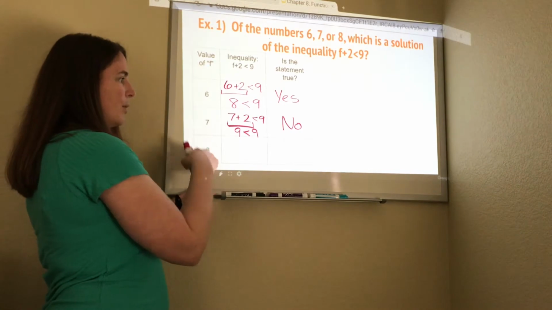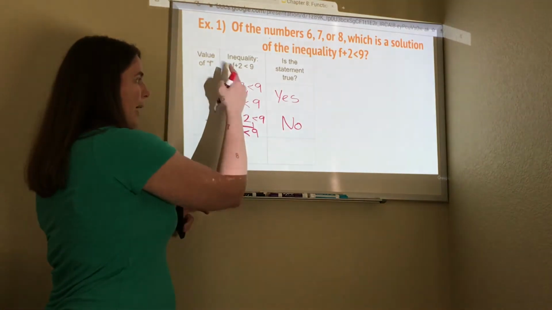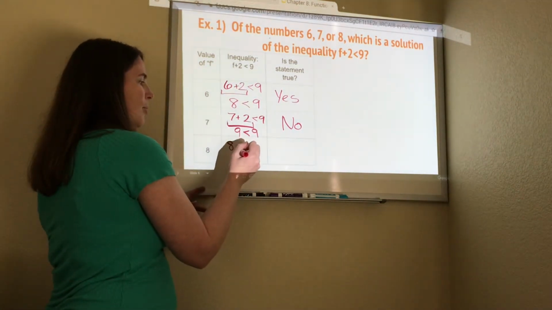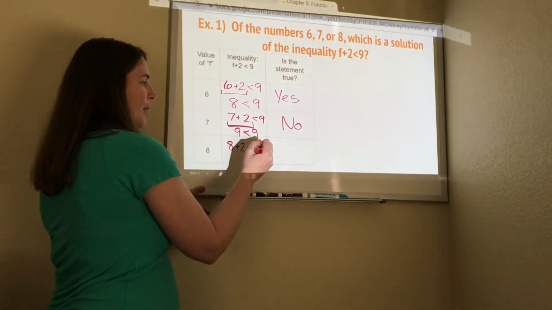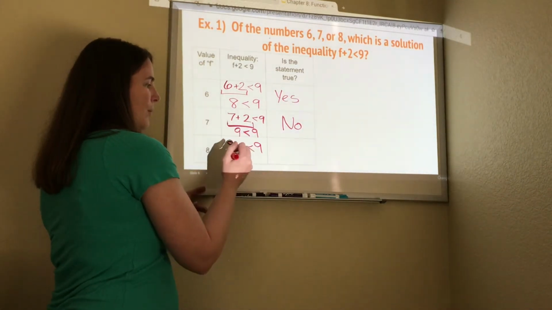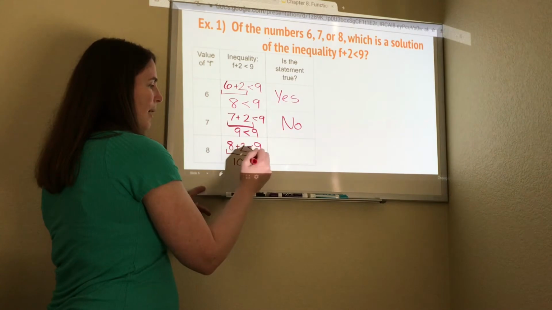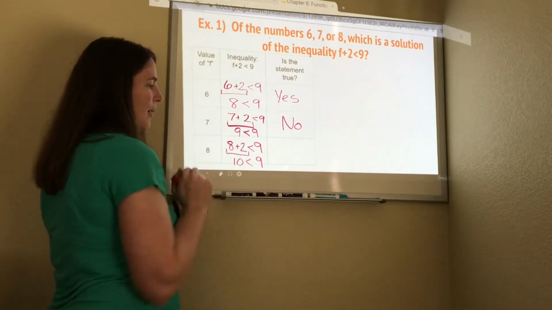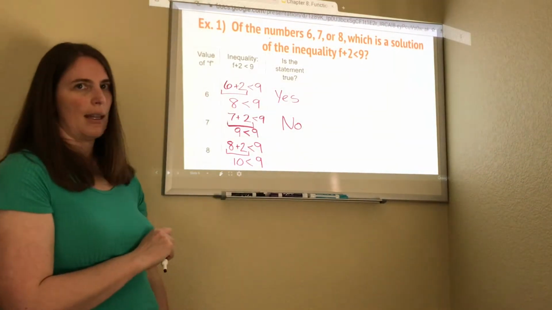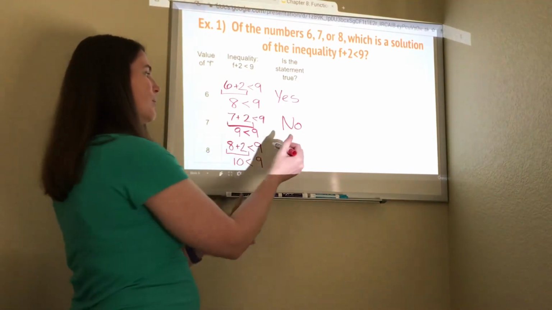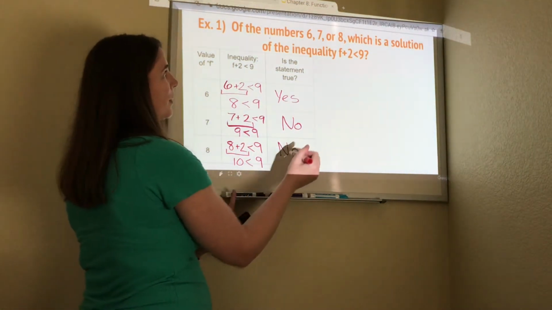Then if I substitute 8 in for f, 8 plus 2. What's 8 plus 2? 10. 10 is less than or equal to 9, and that is definitely not true. So that's a no. Okay?